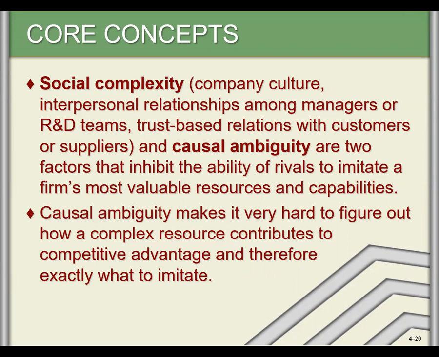That's the social complexity, the company culture, like we mentioned with Zappos, and the interpersonal relationships among the managers and R&D team, and the trust-based relationships with customers or suppliers.